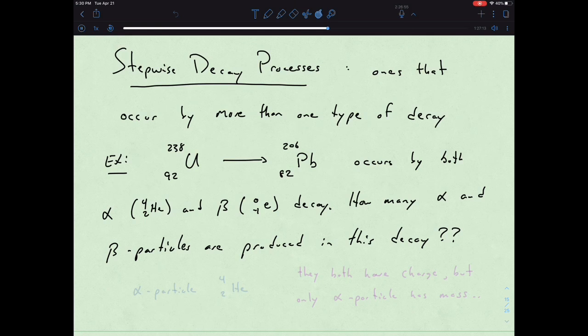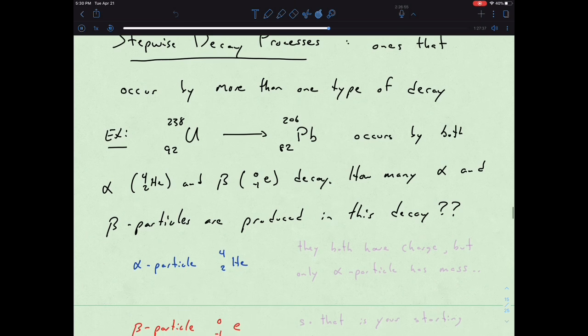So for this type of process, if we look at the particles individually, we have our alpha particle, which is really a helium atom, and we have our beta particle, which is really an electron.